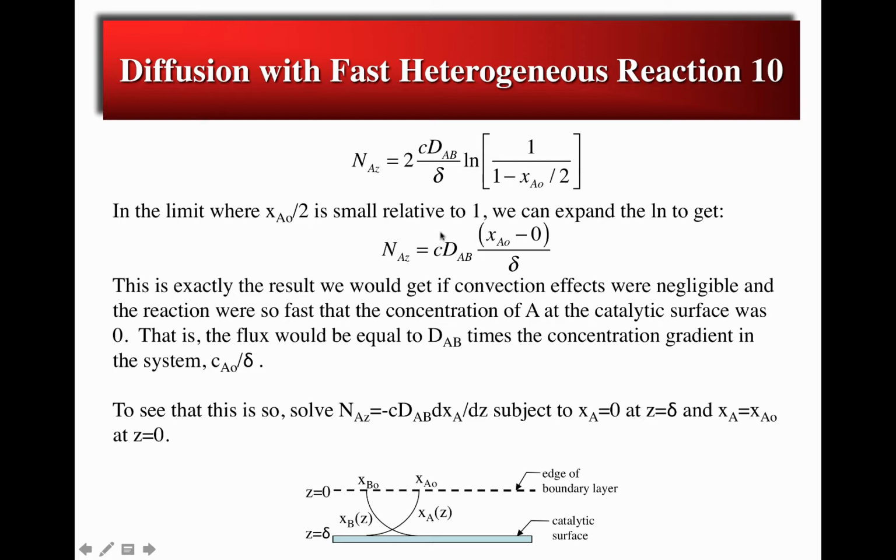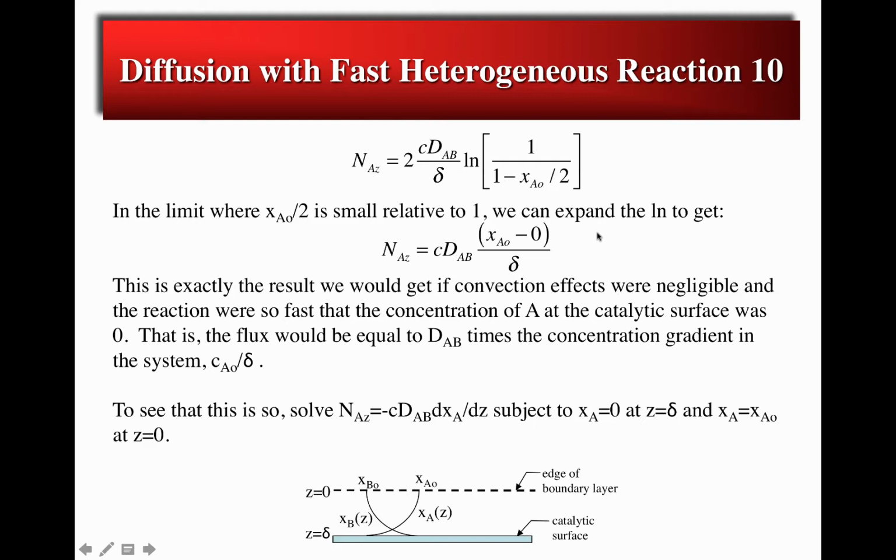If we multiply C times XA0, we get the concentration of A at the edge of the boundary layer. All of the A is consumed by the chemical reaction at the surface of the catalytic particle. The result is in the limit of infinitely fast kinetics, and then the flux is given by the simplest expression you can imagine: diffusion coefficient times the concentration difference divided by the thickness of the region over which A is diffusing.